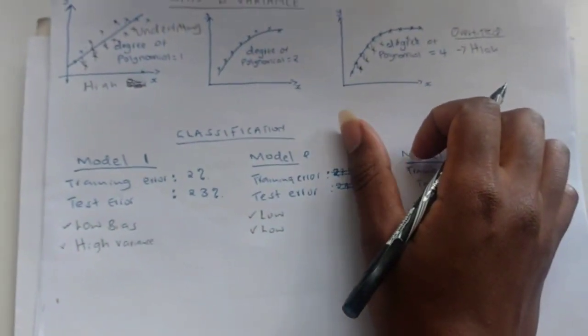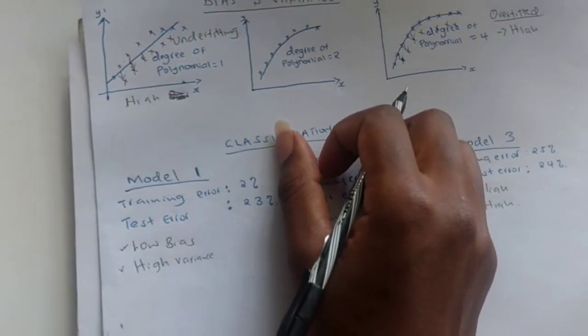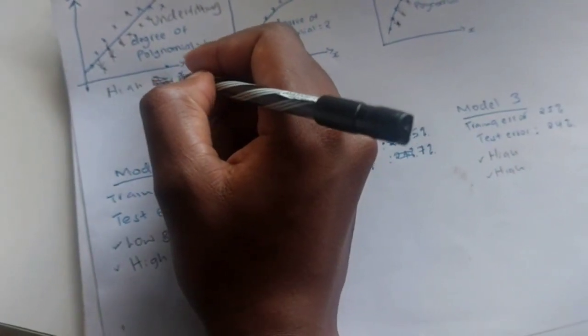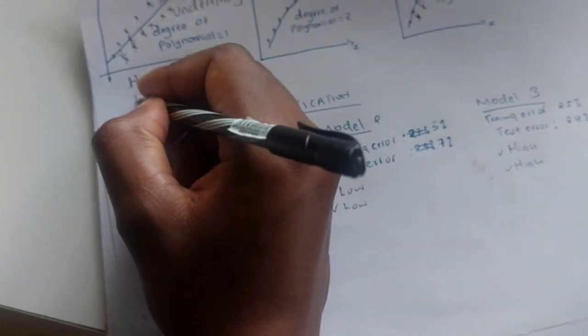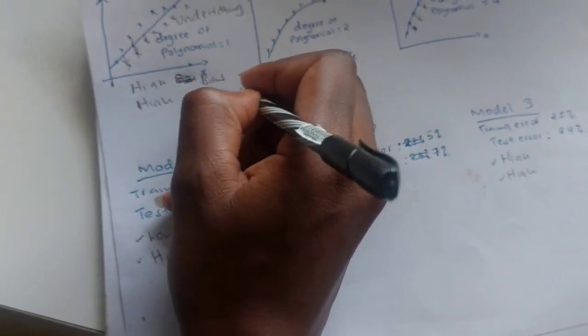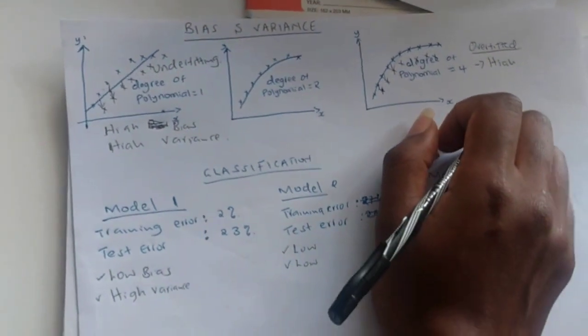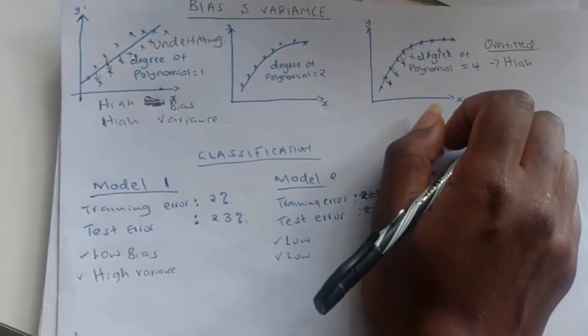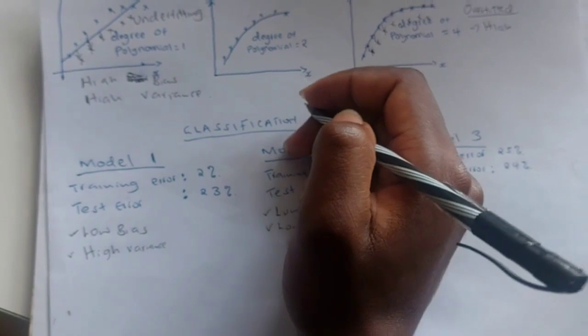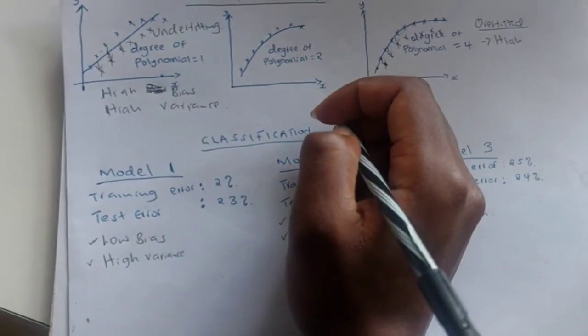In regards to bias and variance now, let's come to the first one. The first one will say that it has a high bias and high variance. The best way to interpret this is that bias is an error of the training dataset.